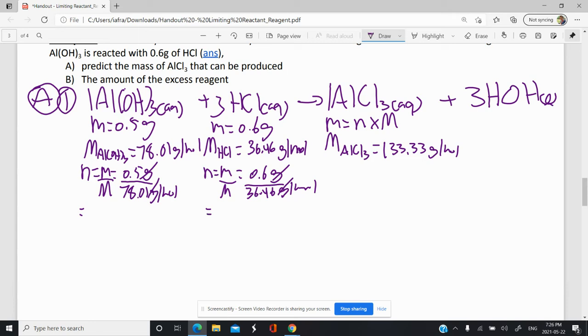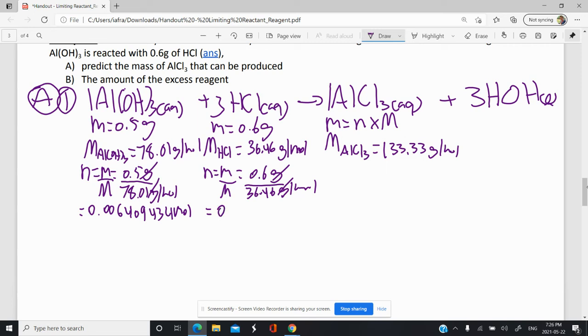So we have 0.5 divided by 78.01. We get 0.006409434 moles. And we're going to try it for the next one as well. 0.6 divided by 36.46.